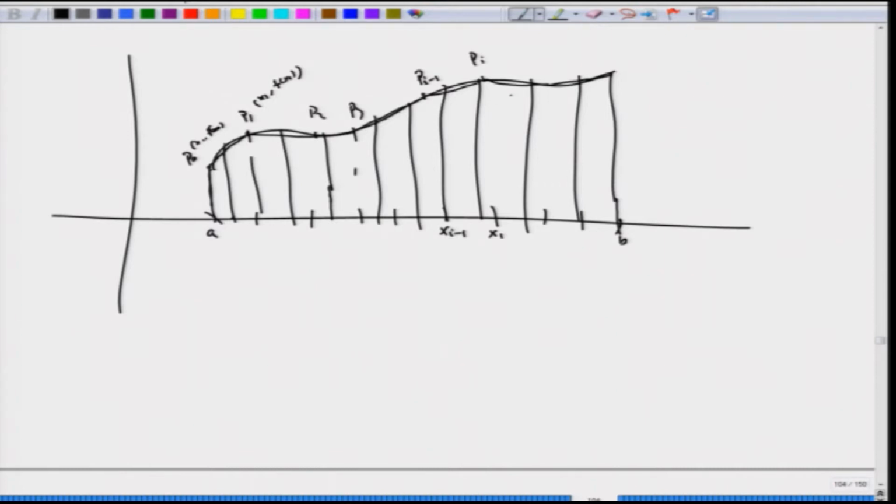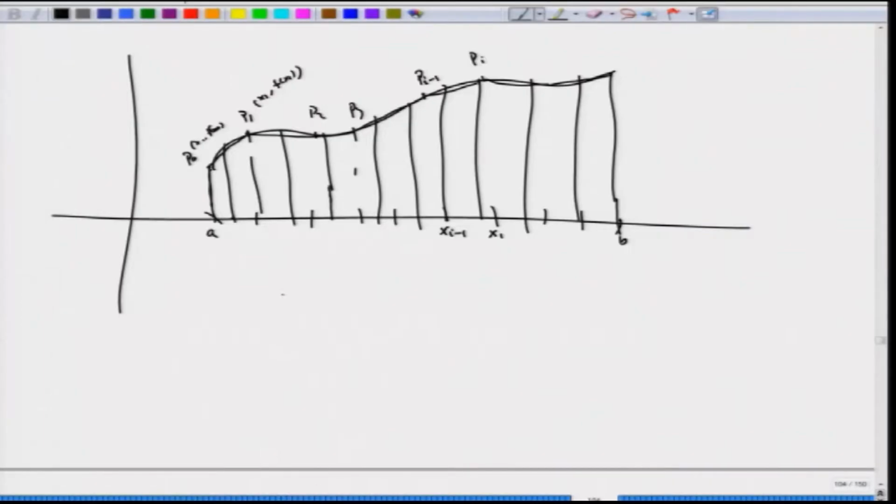Basically, if we make our partition smaller and smaller, that is a natural definition for the arc length of the curve.